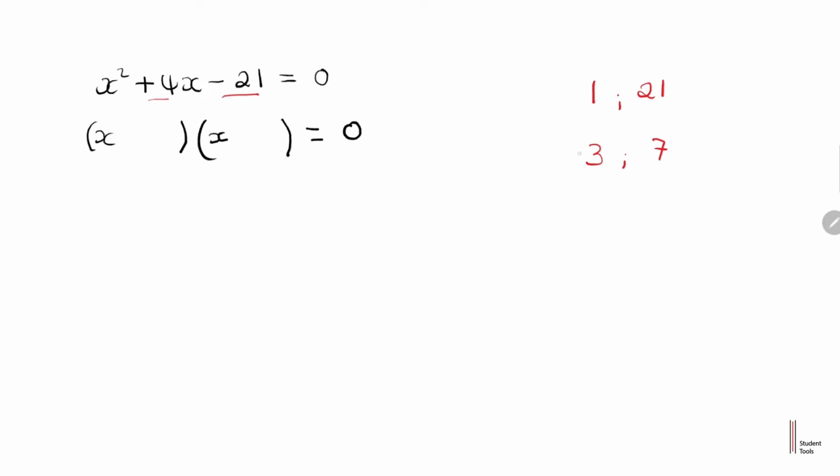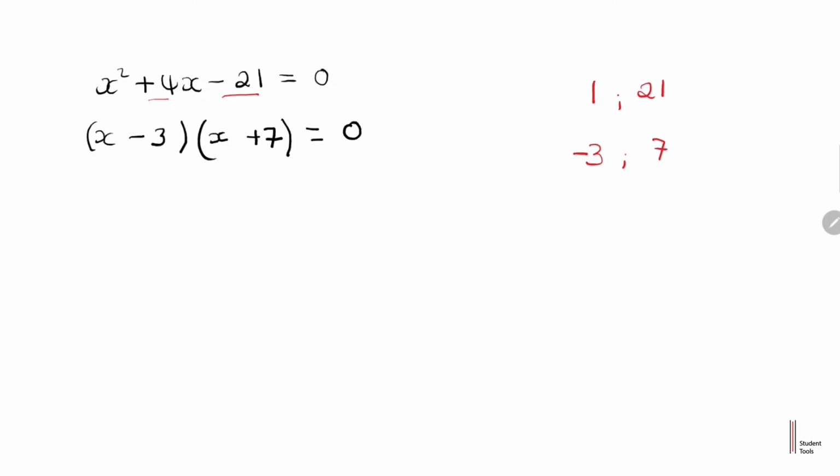I think we can use the pair 3 and 7, but the 3 has to be negative. So with minus 3 and a positive 7, we have factorized this expression.